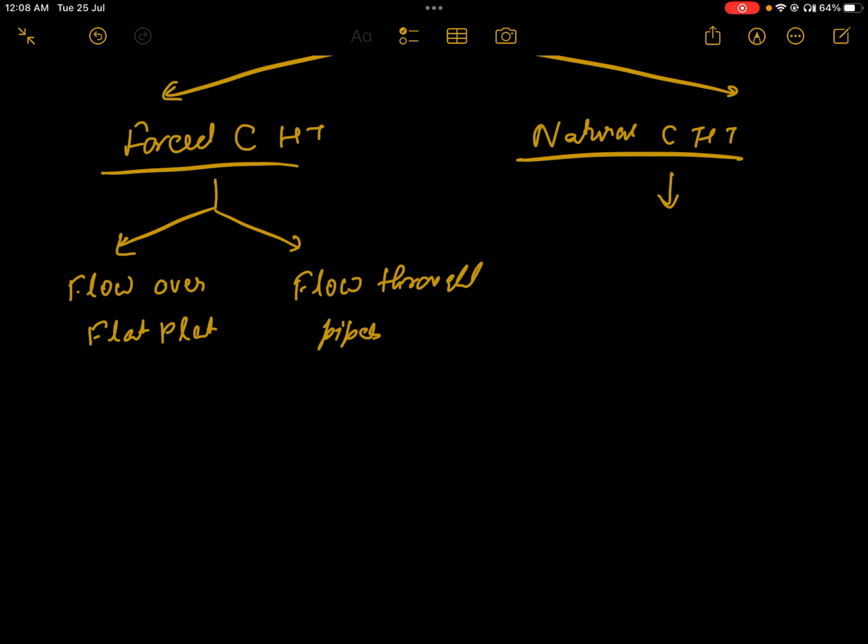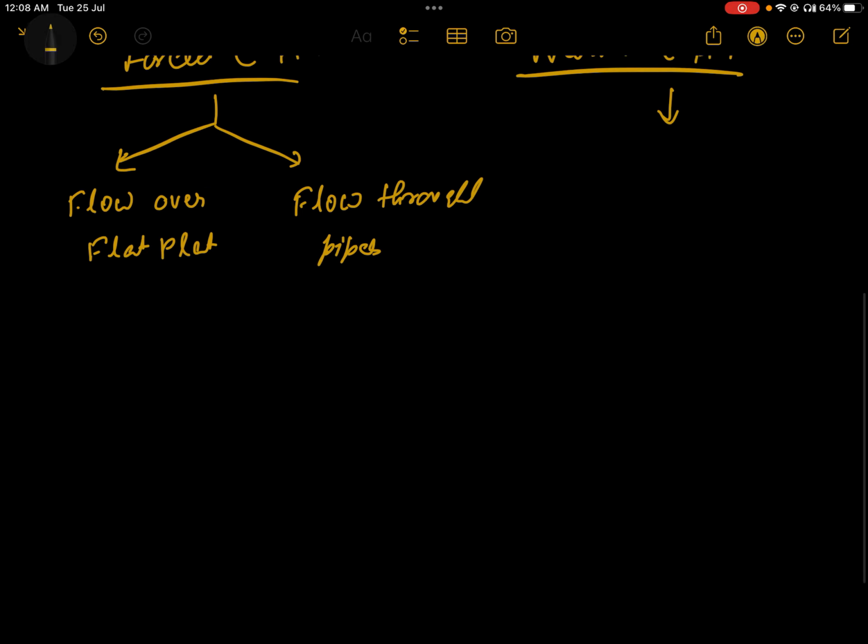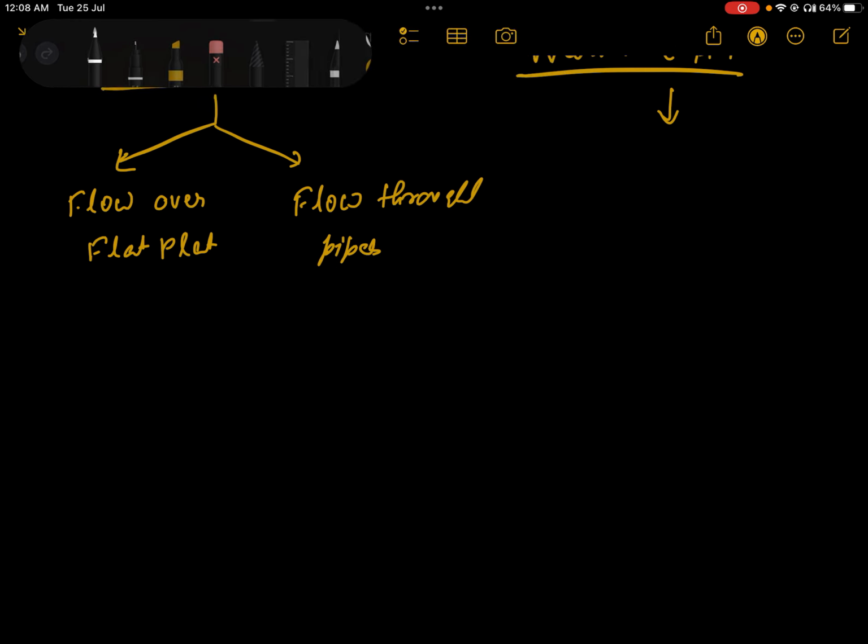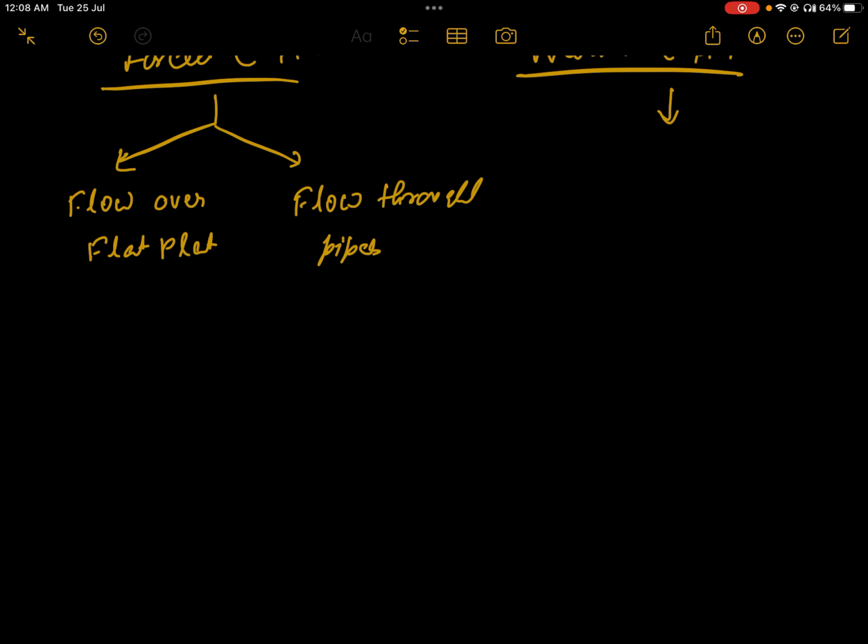And in free convection, in this type of convection, no velocity is imposed, but the flow occurs naturally due to the buoyancy forces arising out of density changes of fluid because of its temperature change. So we can see some examples. If I talk about the flat plates, let's say we have a vertical flat plate.